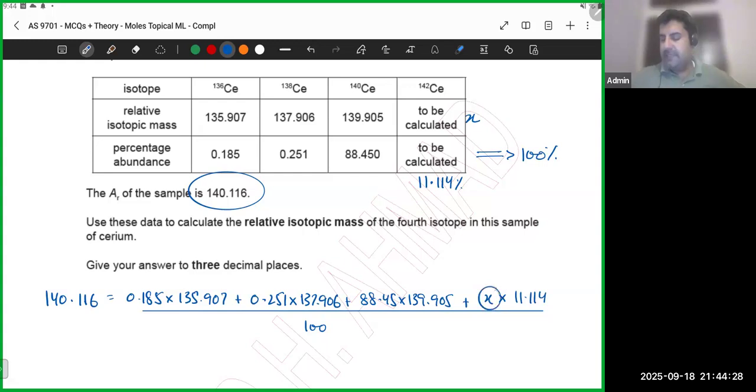Achha, with AS, there's this one big problem that sometimes you get simple addition and subtraction, but you get a lot of values to add and subtract. So try doing this and try and find out what X is. In this kind of question, there's a very big chance that you'll make some error on your calculator.